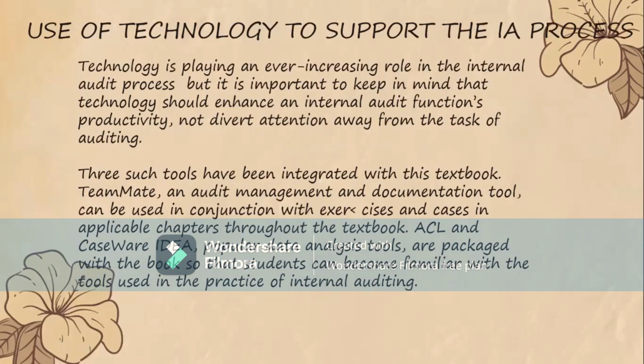Next, the use of technology to support the IA process. Nowadays, we humans are reliant on technology. Usually, all of our things are made with technology. Even our clothes are made with technology. Why can't the IA process be supported by technology? Technology is playing an ever-increasing role in the internal audit process, but it is important to keep in mind that technology should enhance the internal audit function and activity, not divert attention away from the task of auditing.